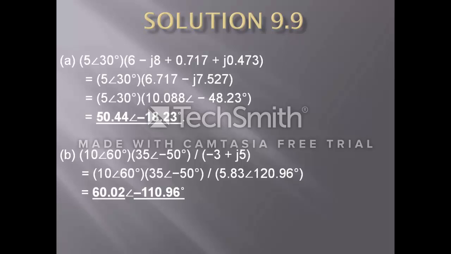Multiplying the numerators and then dividing by 5.83 phase angle of 120.96, we get the final answer in polar form as 60.02 with a phase angle of minus 110.96 degrees.